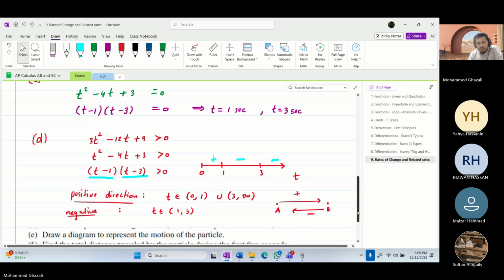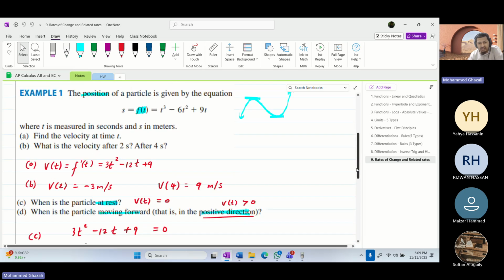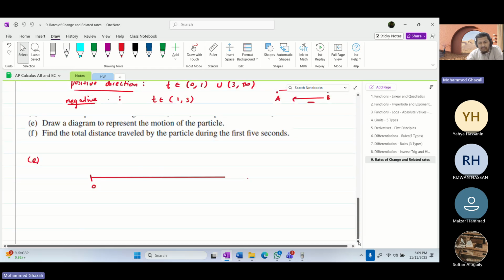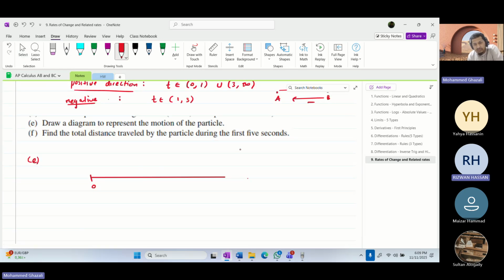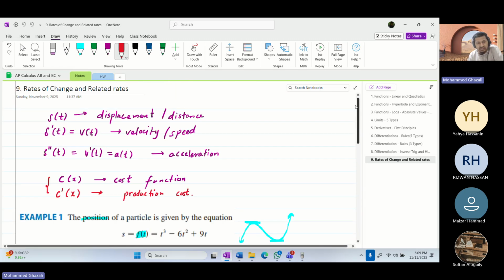Okay, put this function into the calculator, t cubed minus 6t squared plus 9t, and see if we're getting any t values when s of t equals 0. Sir, when it asks for motion, does that mean velocity or the original function? The original function. Draw a diagram to represent the motion of the particle means the original path that the particle takes.